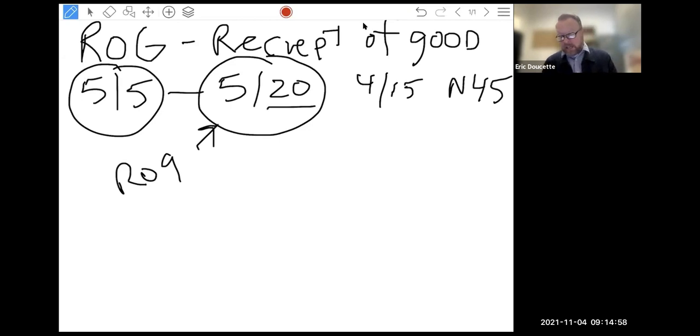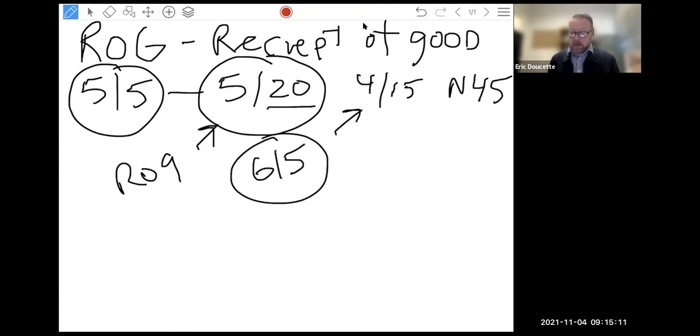So if that's the case, if you get 4% in 15 days, there's only 30 days in the month of May. So basically, you would have until June 5th for your discount, even though you bought it on May 5th. Because you got the receipt of goods terms here, you actually don't start counting until you receive the goods.